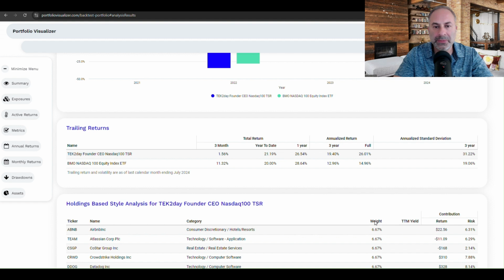So for the year, not flattish, but in line with the benchmark year to date and for the 1 year, then trailing the benchmark for 3 months. And then the annualized return data, that's where we differentiate versus the benchmark. 19 and change versus 13 for the 3 year, 26% versus 15.